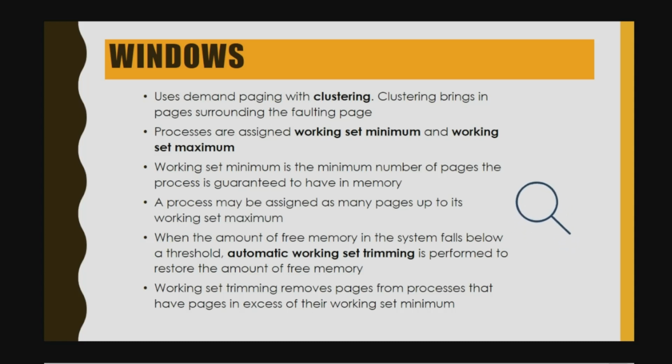A process may be assigned as many pages up to its working set maximum. When the amount of free memory in the system falls below a threshold, automatic working set trimming is performed to restore the amount of free memory. Working set trimming removes pages from processes that have pages in excess of their working set minimum.